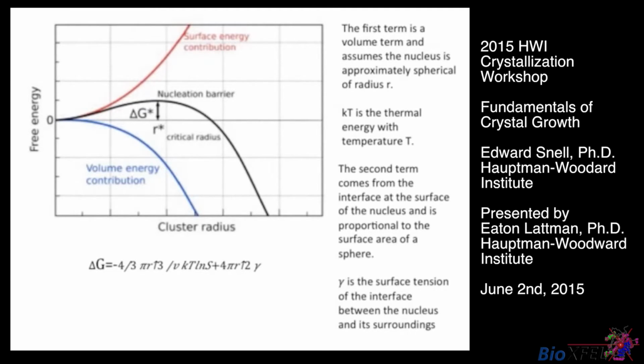Volume energy contributions are protein-protein contacts and other elements within the volume. And when you add these two together, if you can do the calculation with some accuracy, you get to see something about the nucleation barrier. This is, of course, the size of the cluster that we're looking to form.